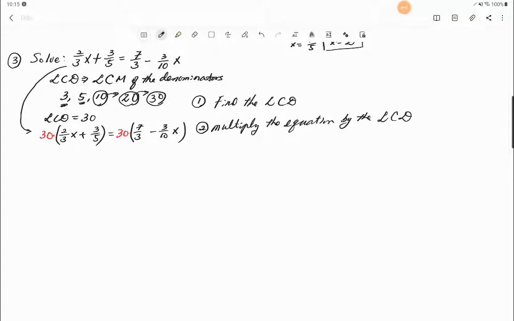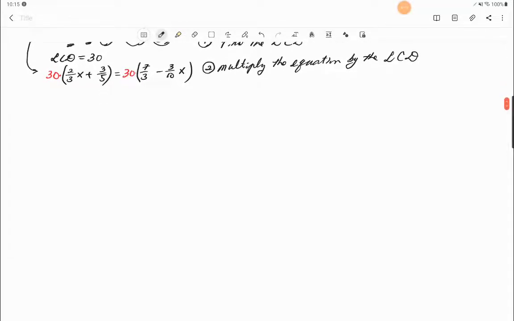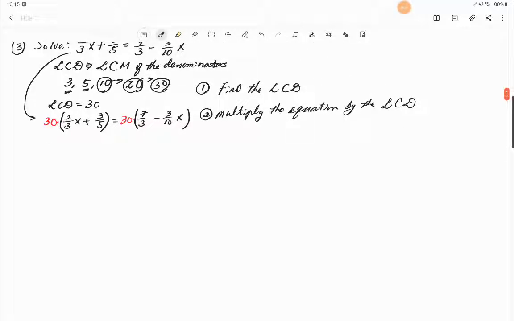So let's multiply the left-hand side by 30. Let me rewrite the equation. This means 30 times 2 over 3x plus 30 times 3 over 5, equals 30 times 7 over 3 minus 30 times 3 over 10x. Basically, when we multiply the equation by the LCD, it means multiply each term in the equation by the LCD.